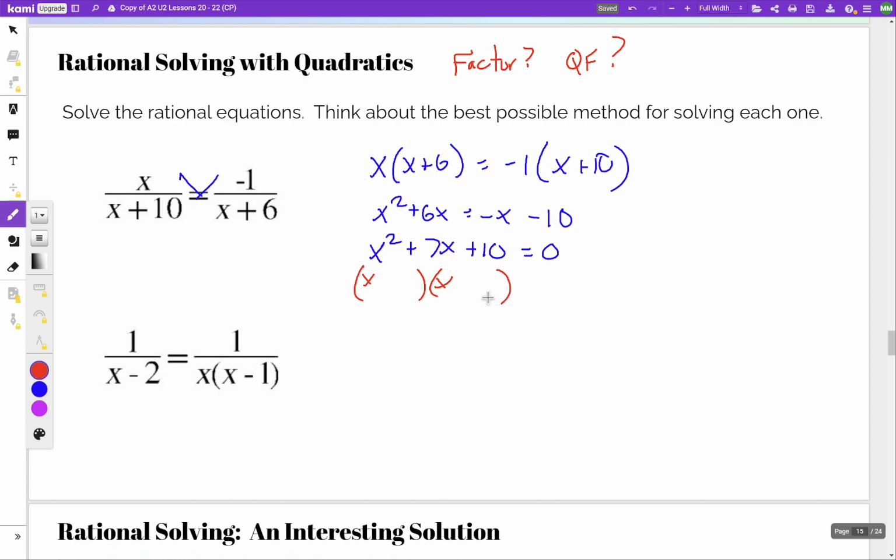X and x. What numbers multiplied give you 10? Okay, so 10 times 1, 5 times 2, 5 and 2. Now the thing about 5 and 2 is they add to give you 7. So remember that when you look for the factors of 10, you have to find the factors of the 10 that add to that middle number. So plus 5 and plus 2.